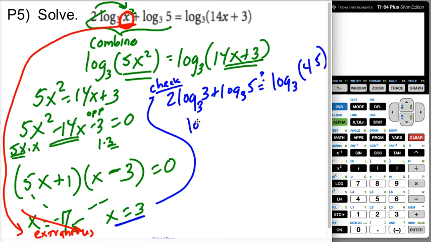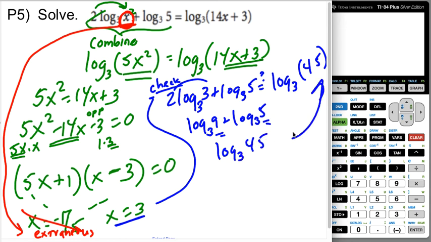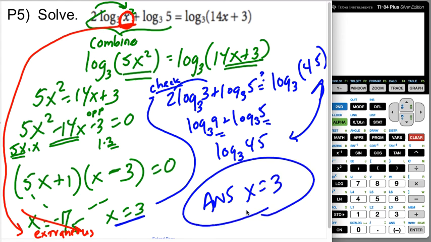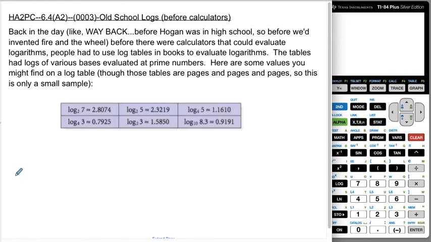So I get that this is the log base 3 of, when I bring the squared up, 9 plus the log base 3 of 5. Sure enough, when I combine these in multiplication, this is a log base 3 of 45. Yep, same answer. So my answer is just x equals 3. All right, cool. That's it for this video.